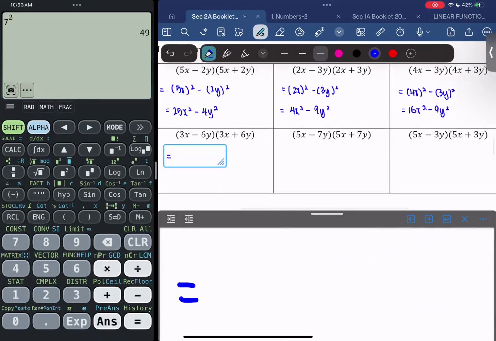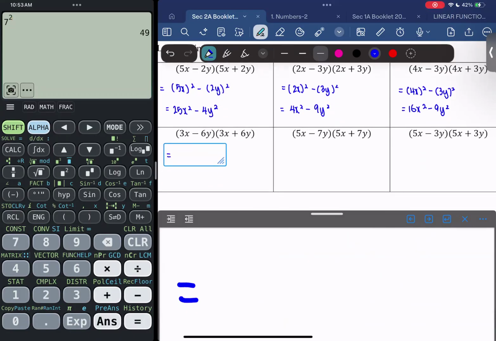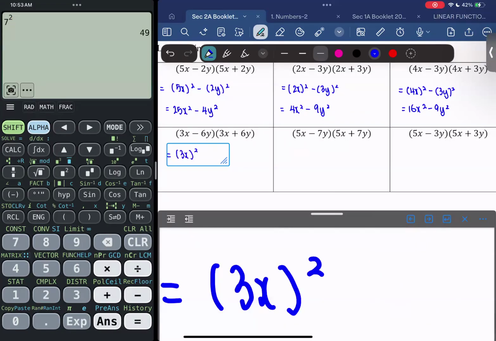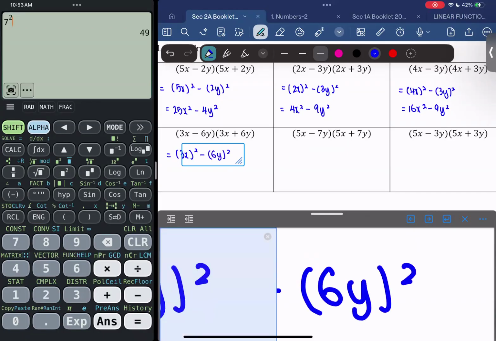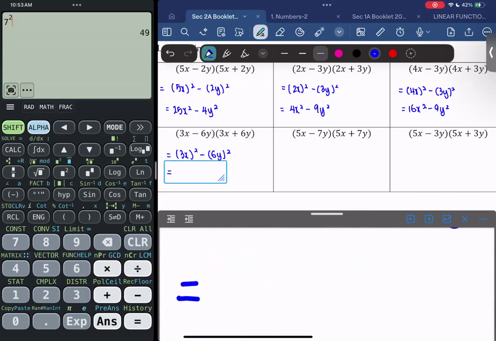Chen Yi, whenever you are ready. Yeah, I can hear you. 3x squared minus 6y squared, equals.